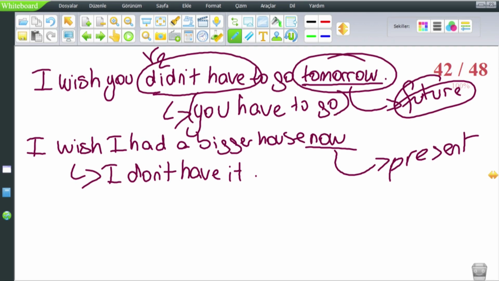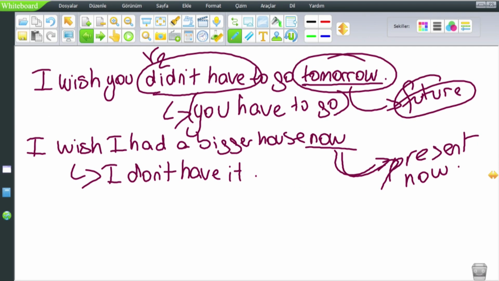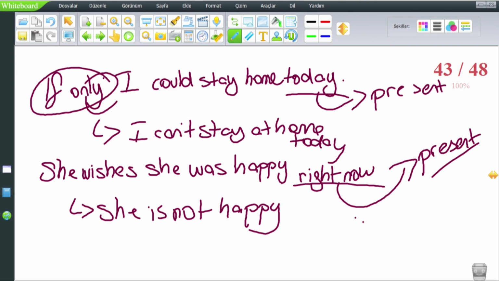I wish I had a bigger house now. It is a wish for now, but I don't have it right now. And we said that if only and wish mean the same thing, but the placement in the sentence is different. We use wish after the subject, we use if only before the subject.